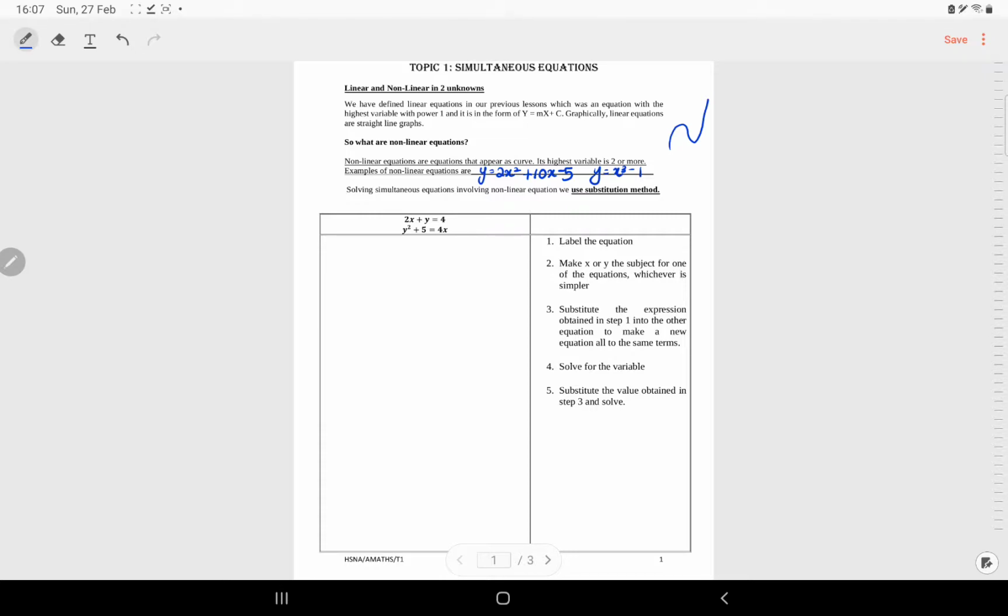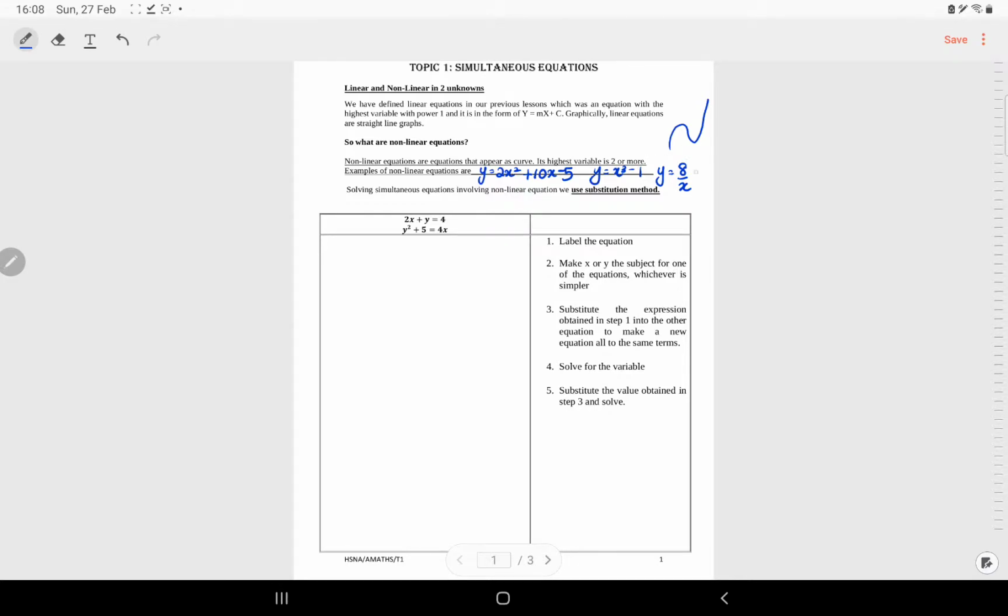We also have, for example, y equals 8 over x. 8 over x is a curve. It has a power of -1 actually, so it's not 2 or more, but basically a non-linear equation is anything that is not a straight line.